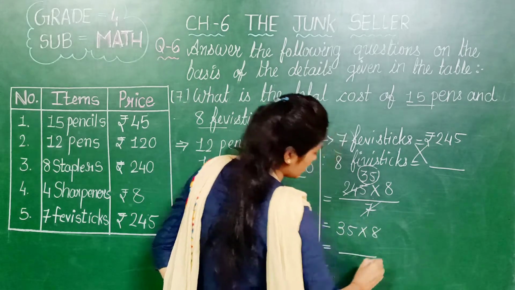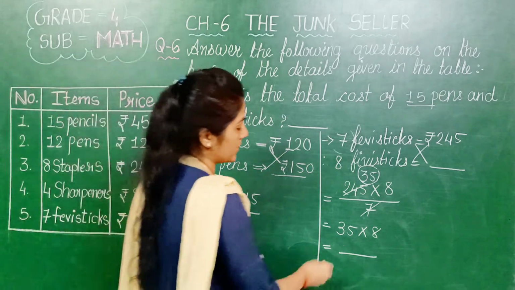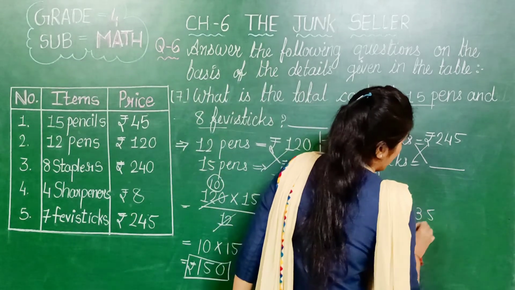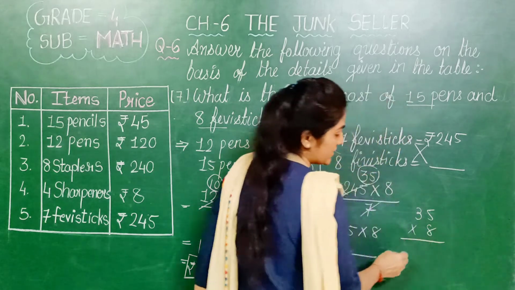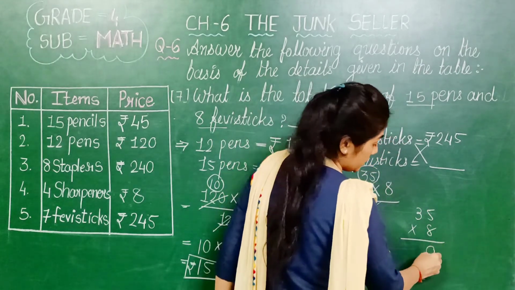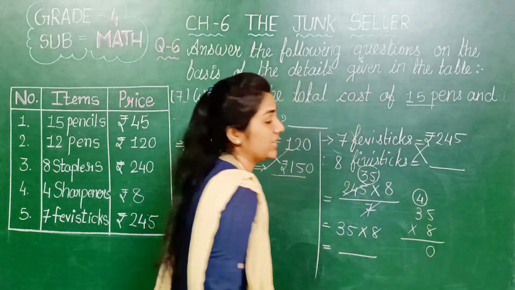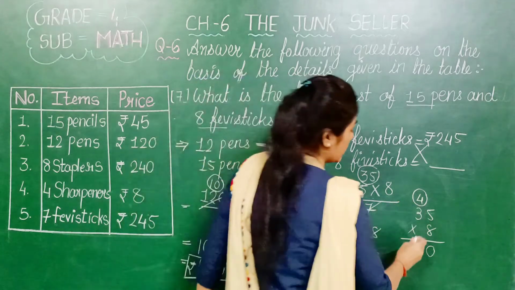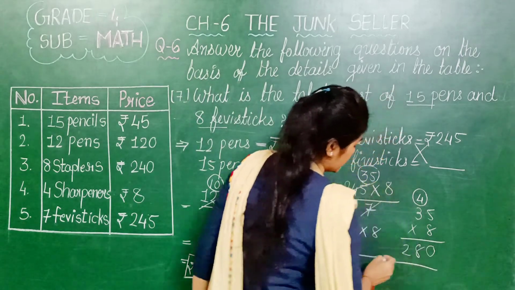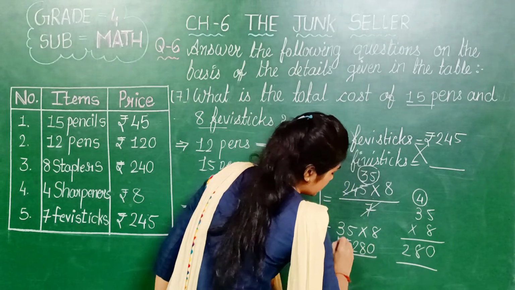This multiplication you have to do in the rough space. 5 8s are 40, 0 down and 4 as carry, 3 8s are 24, 24 plus 4 is 28. So 280 rupees we have got as the answer.